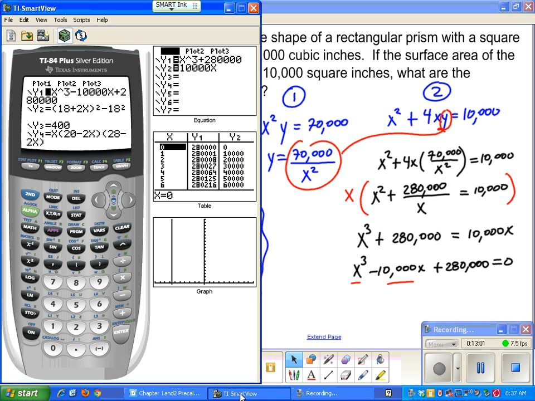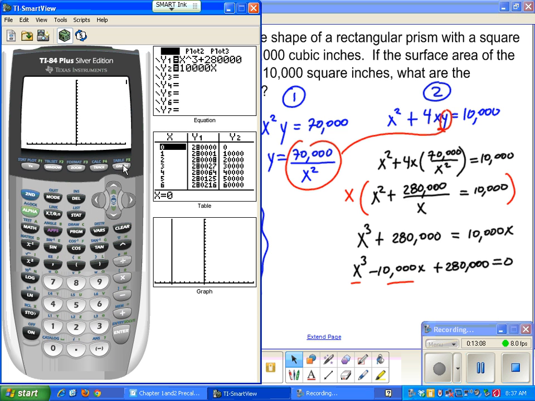So here on my calculator, I already have my equation in. If I go to graph, I'm not sure what kind of graph I have here, but it's probably, yeah, we're going to see a little something. So I'm going to go to my window, and I am going to change my x minimum to -10, my x max to 100, that's good.